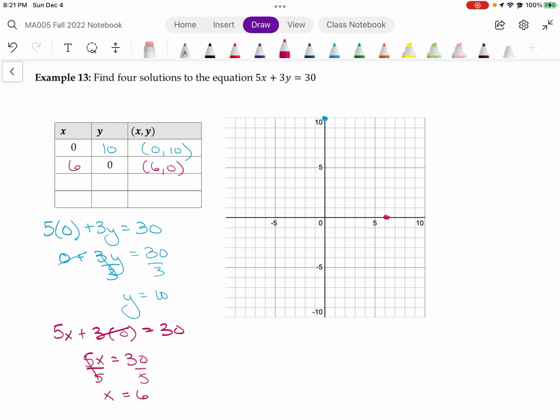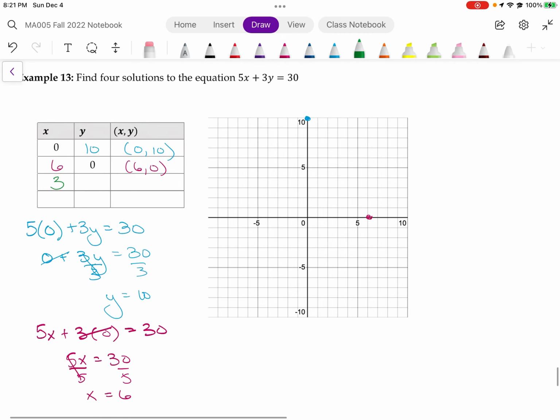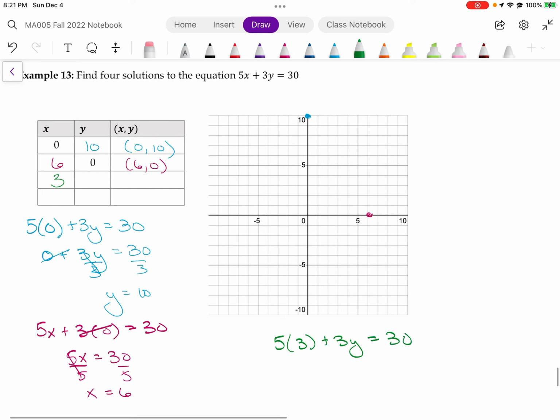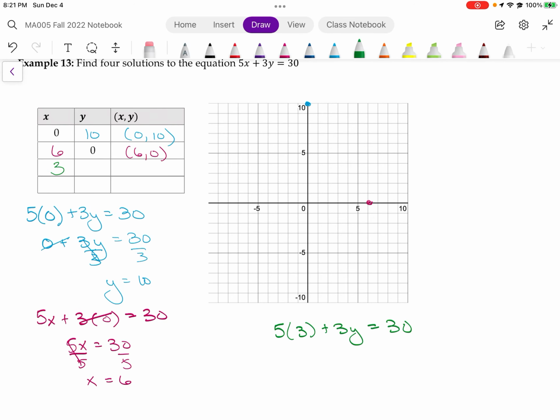So what if I chose 3 for x? I'm picking ones that are easy. But so we've got 5 times 3 plus 3y equals 30. And you may pick one that ends up being a fraction, like I said, but you can just kind of guess between points. All right, so I've got 15 plus 3y equals 30.